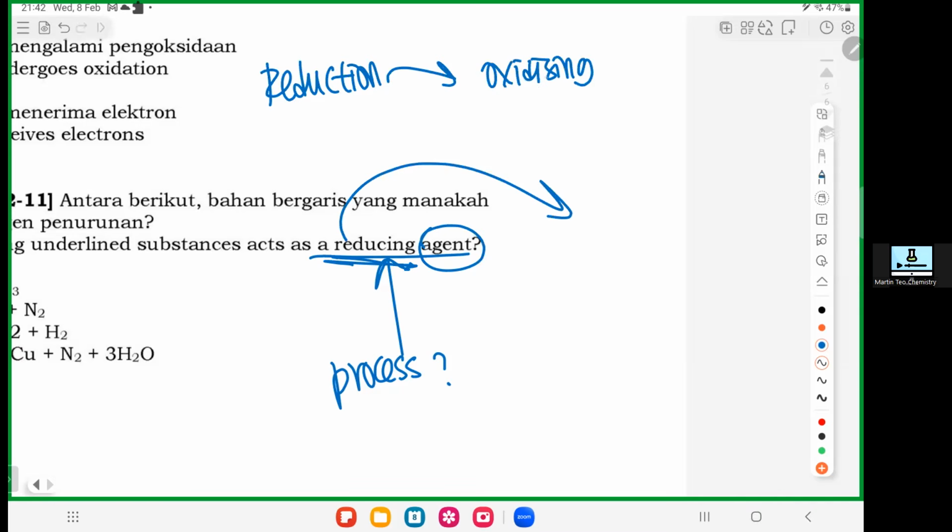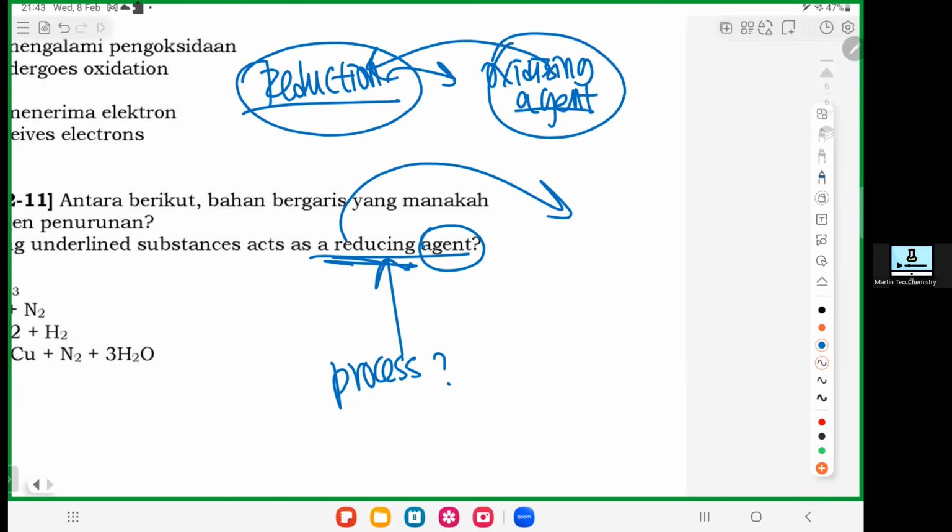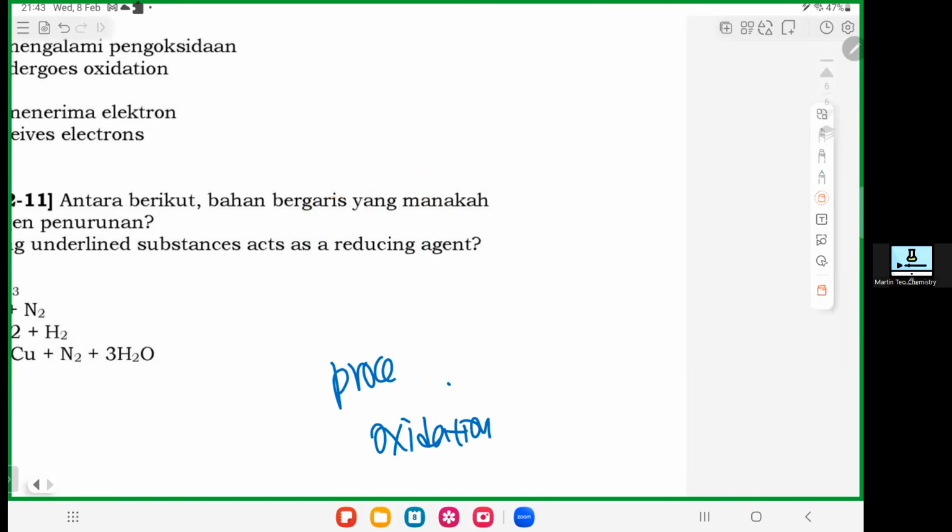So this is a very important concept for all of you. Make sure everyone knows. The agent and the process must be terbalik. You are oxidizing agent, so the process is reduction. If you are reducing agent, the opposite process is oxidation. This is a very, very important thing. If you don't know this, then you feel very confused.